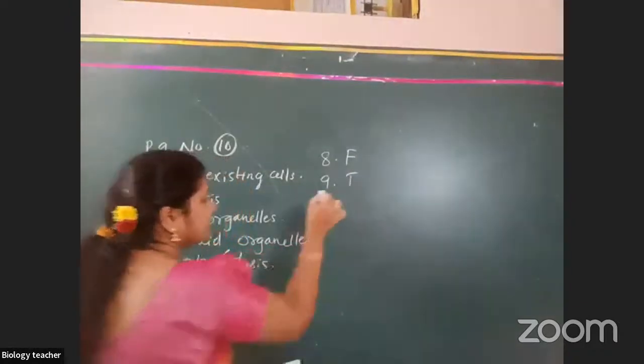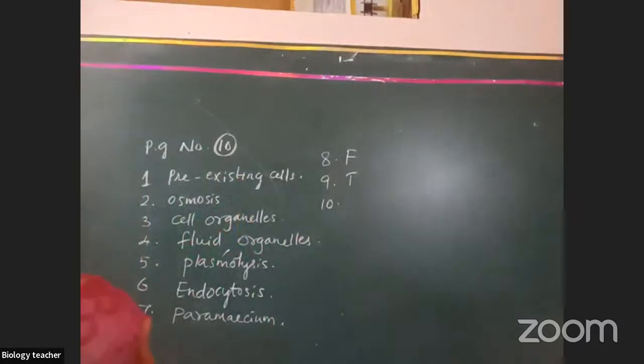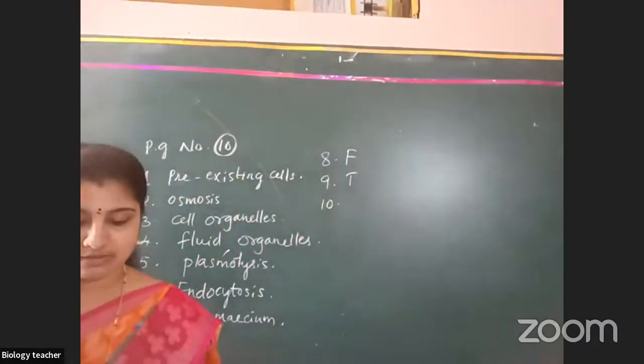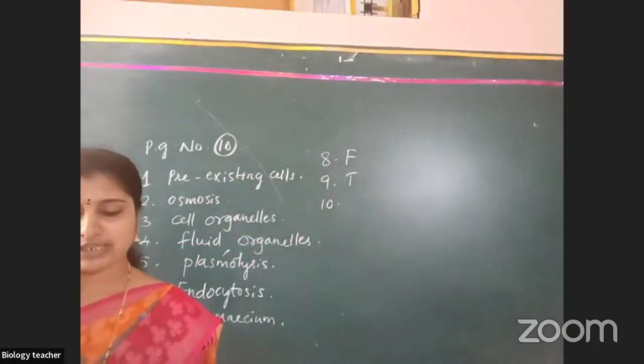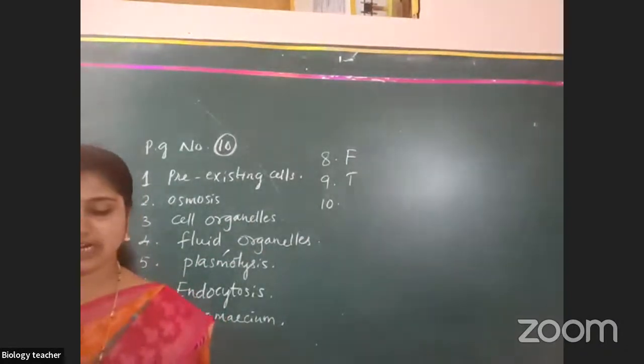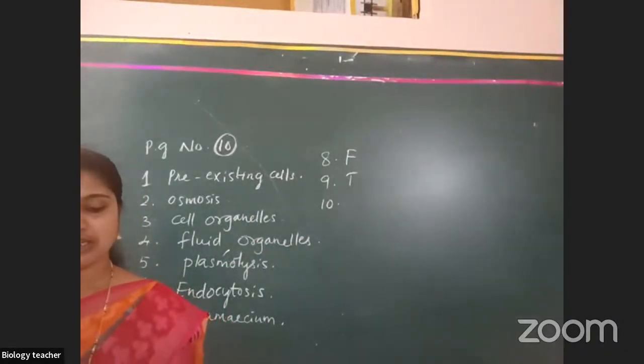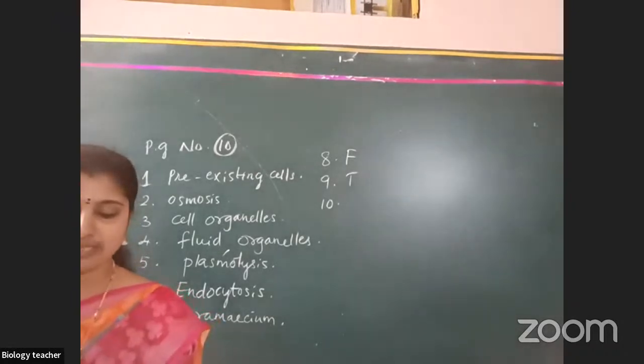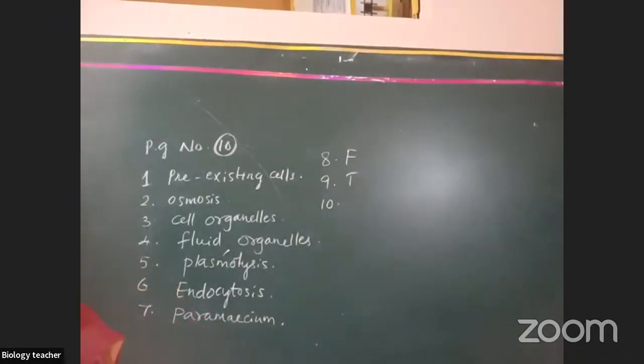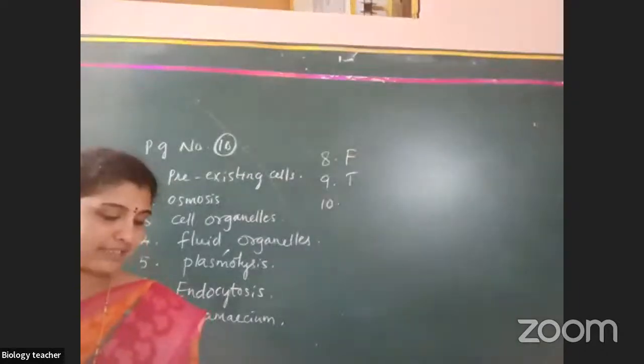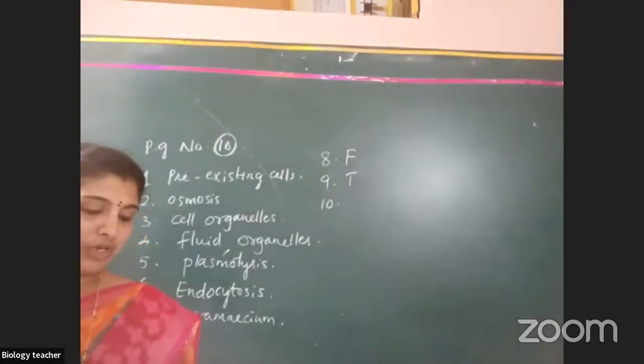Next, 10. If plasma membrane is not present, it is not called a cell. Hypotonic solution. The external solution is dilute, that is high water concentration. So is this true or false? Hypotonic solution. So the external solution is dilute, so higher concentration.